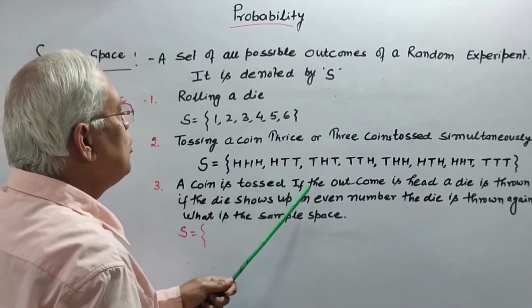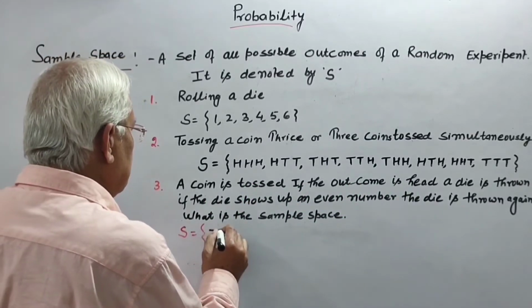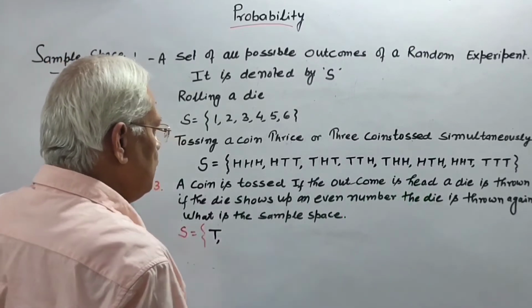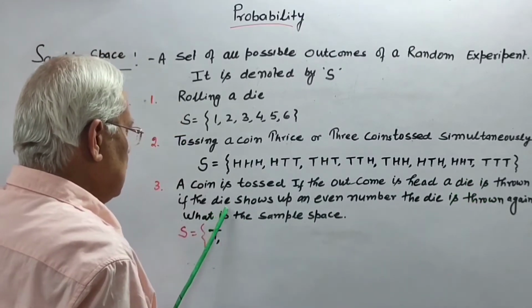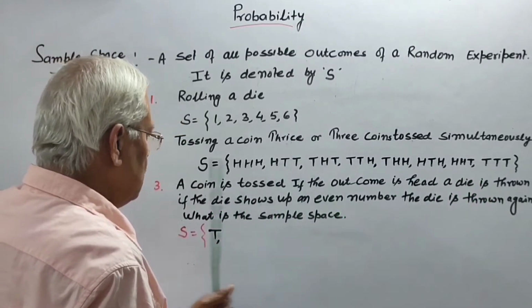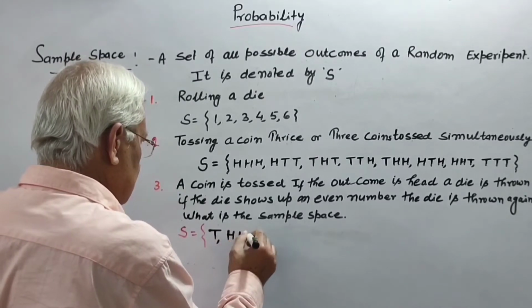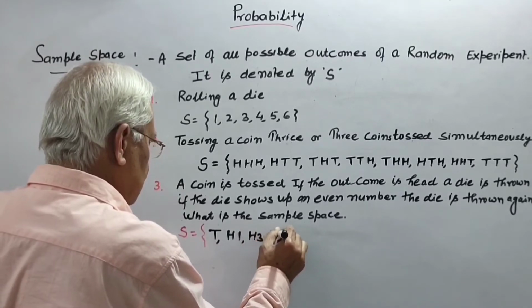Example number 3. A coin is tossed, if outcome is head. Suppose outcome is tail, then nothing to do. If outcome is head, we throw a die and die shows up an even number. So first, if die shows up odd numbers, so H1, H3 or H5.